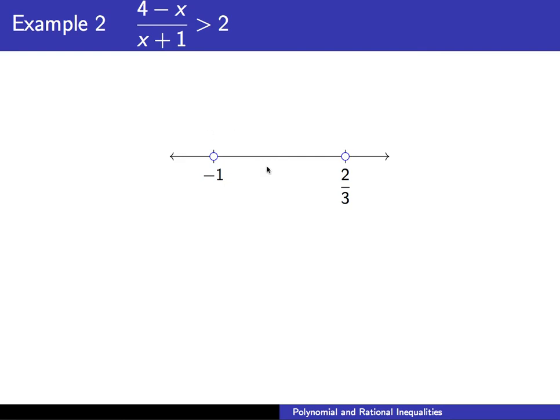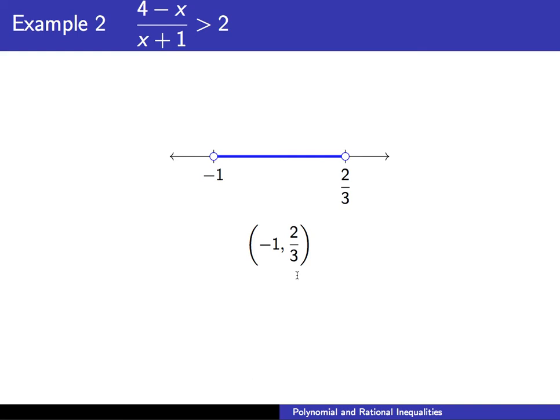Now we can test out a value less than negative 1, between negative 1 and positive 2/3, and a value greater than 2/3 in the original inequality and see if it makes it true. And only values between negative 1 and positive 2/3 will make our original inequality true. So in interval notation, we have parentheses around negative 1 and positive 2/3.